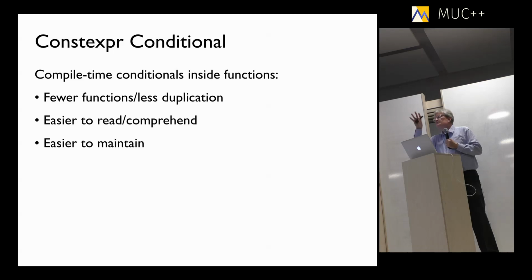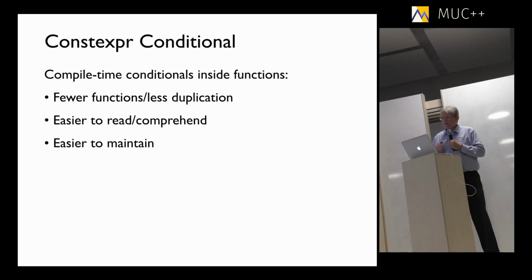Maybe there's a third option here somewhere too. I don't know. And then that makes it also easier to maintain. I'm maintaining one function that has a compile time conditional in the middle, but it's one function that needs to be maintained. Okay? So I think this is a great addition to the language that we're seeing in C++17.